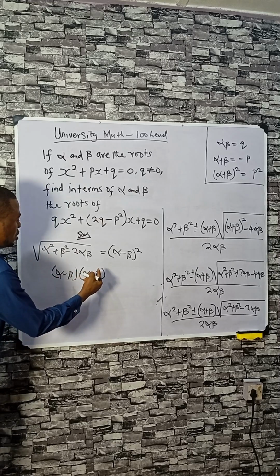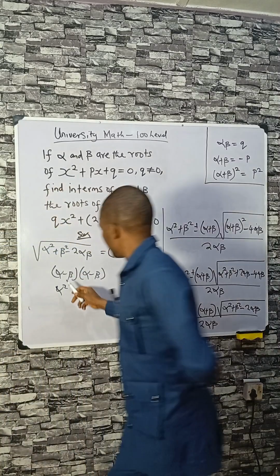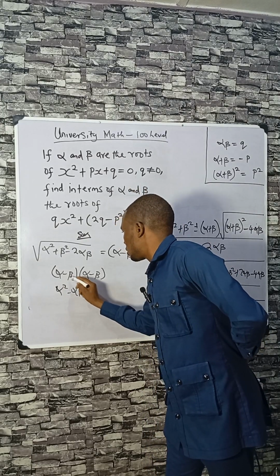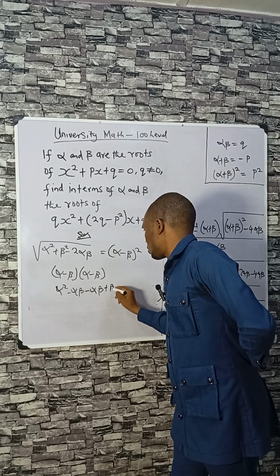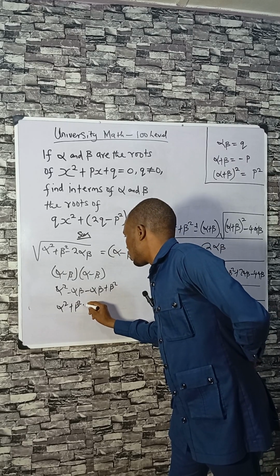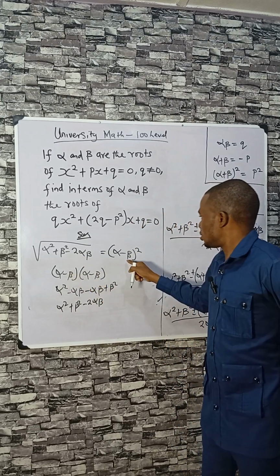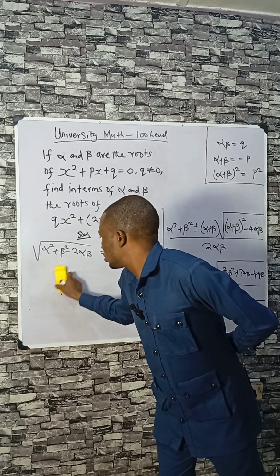This times this gives alpha squared, then this times this gives minus alpha beta, the same thing again, then plus beta squared. So we have alpha squared plus beta squared minus 2 alpha beta, same thing here. So this is the identity for this, and we replace that there.